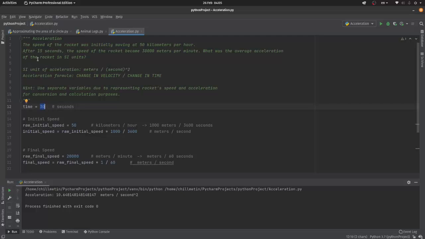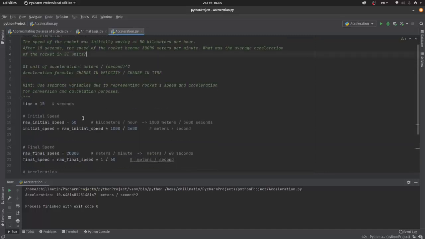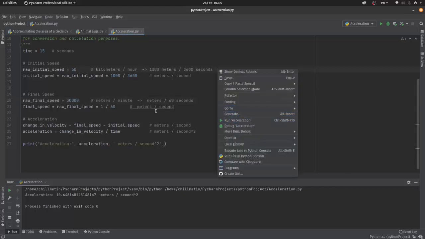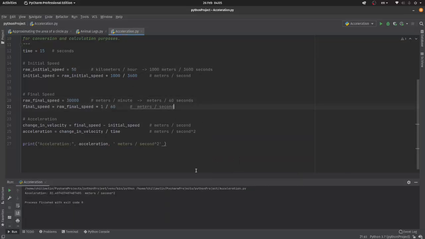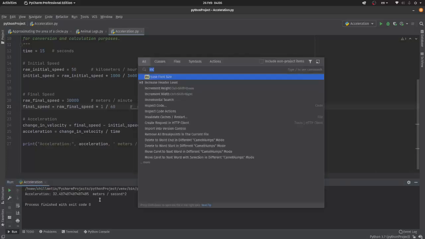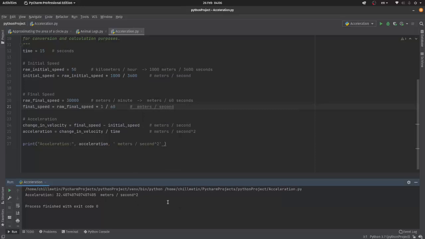Instead of 30, it's 15 seconds, and the raw final speed is just 30,000. If I do that, we'll get another answer, which is also correct because everything works according to a formula. So this is the advantage of writing flexible code.